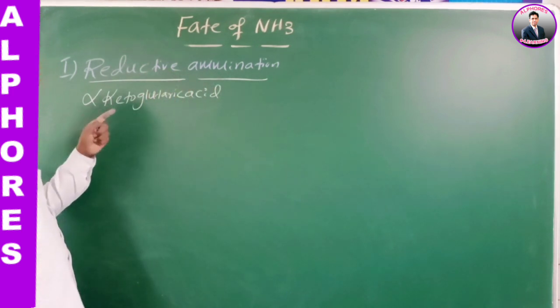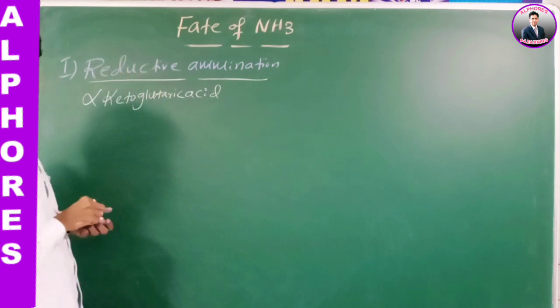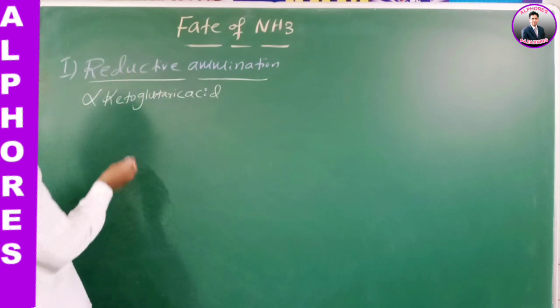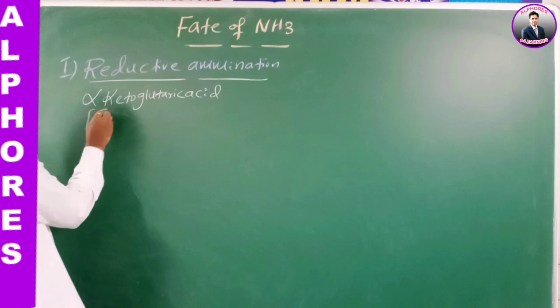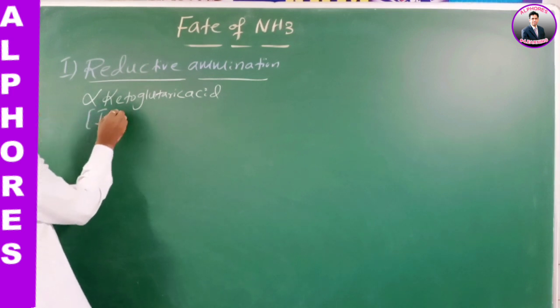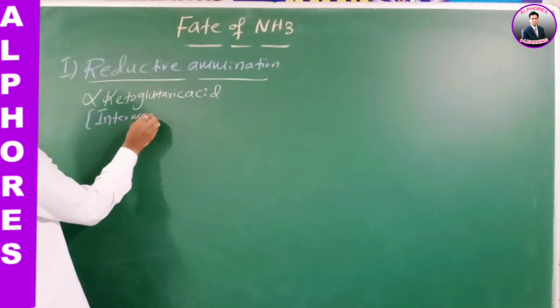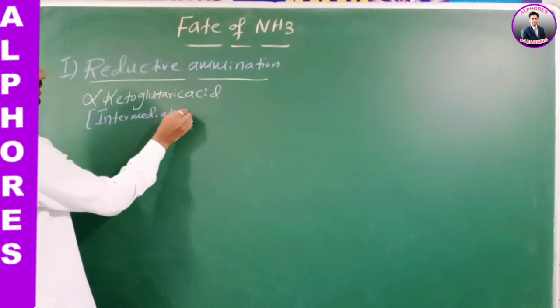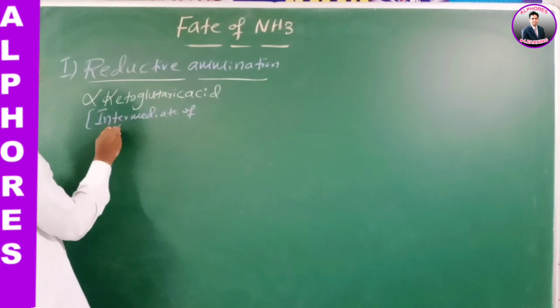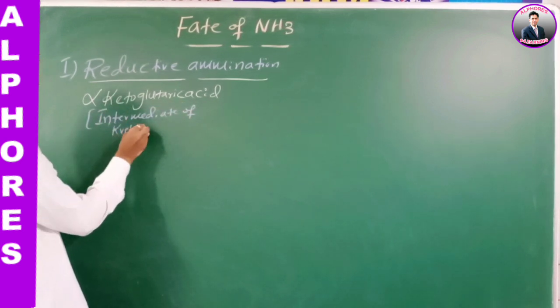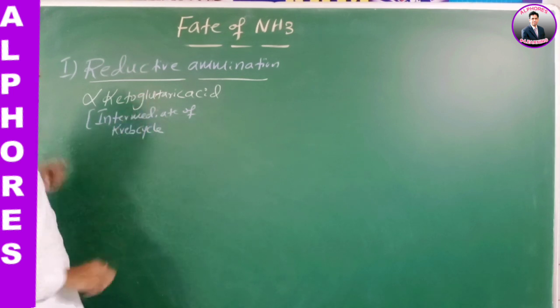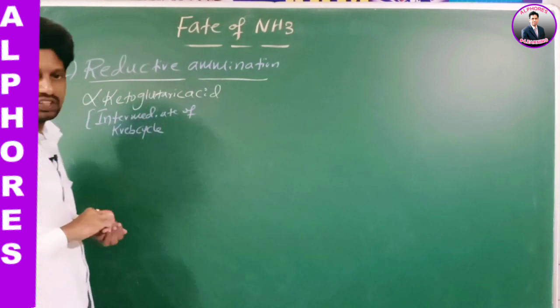Alpha ketoglutaric acid. This alpha ketoglutaric acid is one of the intermediates of the Krebs cycle. This we will get in the respiration chapter.